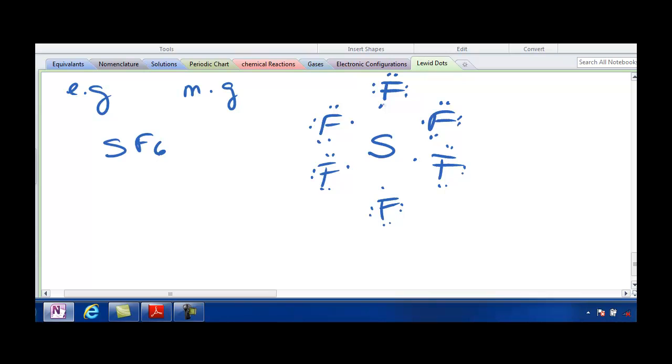You don't need to find out how many it's going to share. It's always going to share one electron pair. And then sulfur is my central atom, group 6, so it has 6: 1, 2, 3, 4, 5, and 6. So I now did Lewis.